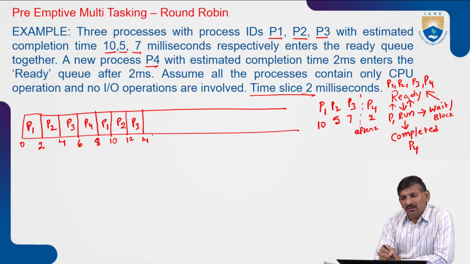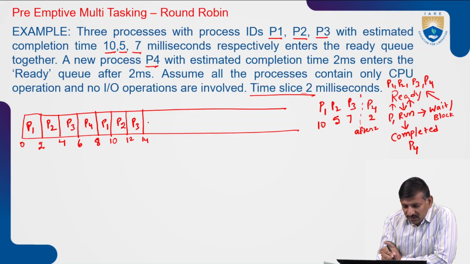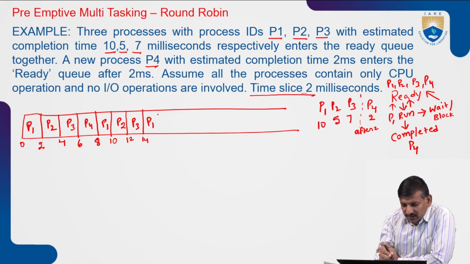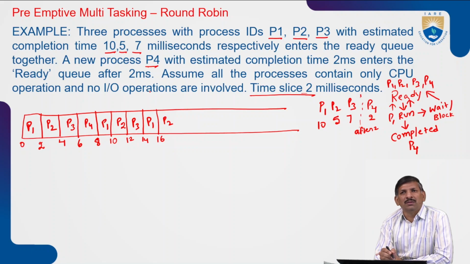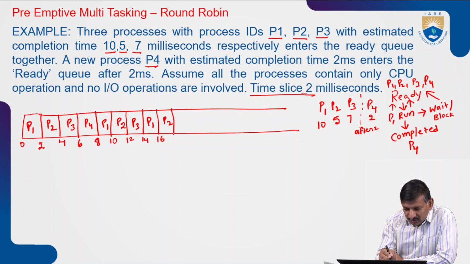Again we check which processes are available and which one came first. P1 has already completed 4 milliseconds of execution, and the remaining execution time is 6 milliseconds, so that is scheduled. Next, P2 has already completed 4 milliseconds, and the remaining execution time is 1 millisecond only.